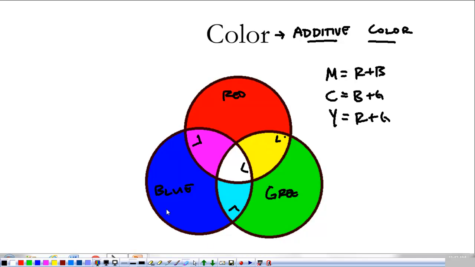So this brings us to what happens when we see something. Well, let's say we have an object that is red. We have a red object. And let's say we shine white light. Nope, that's red light. Let's say we shine a white light onto that object.